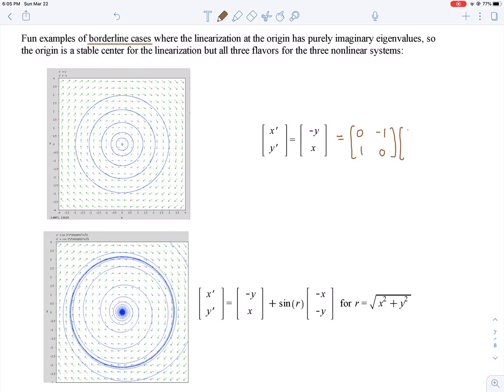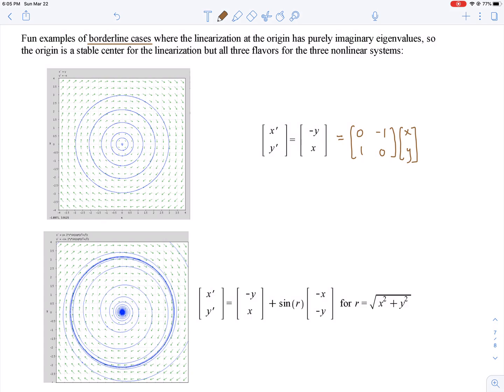This system, we've seen it before, arose by converting the unforced, undamped oscillator equation x double prime plus x equals 0 to a first order system. And you've drawn pictures for things like that, and you know that you get elliptical solutions.